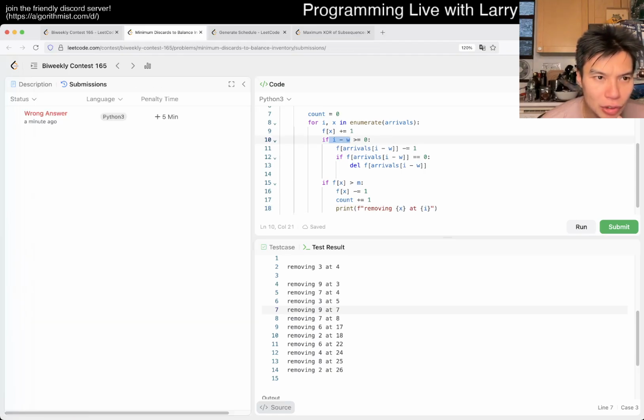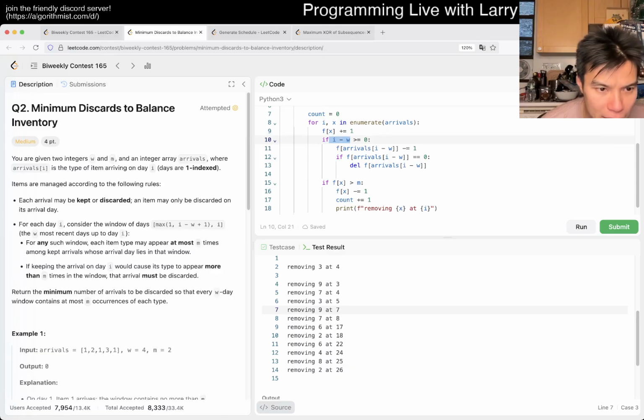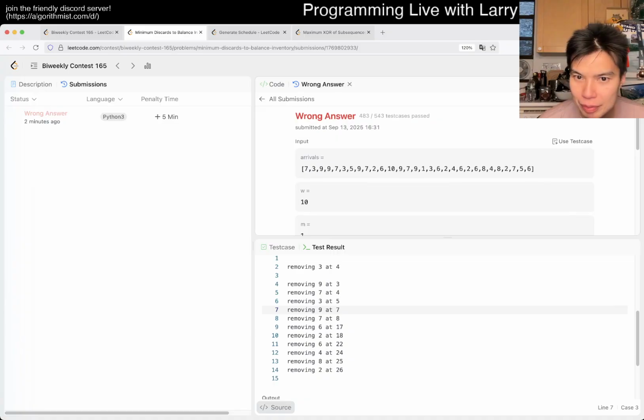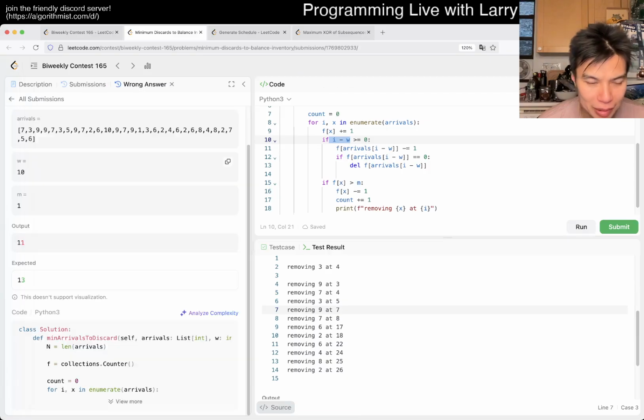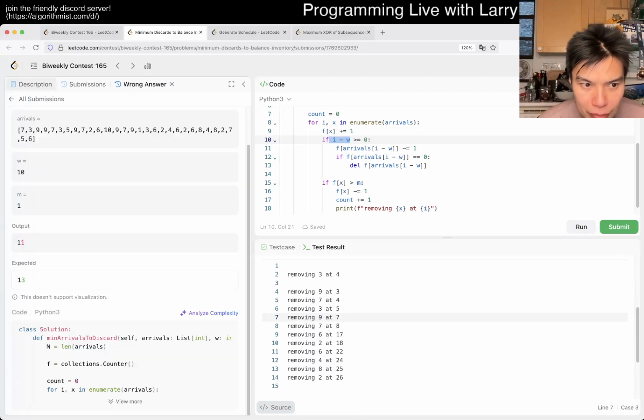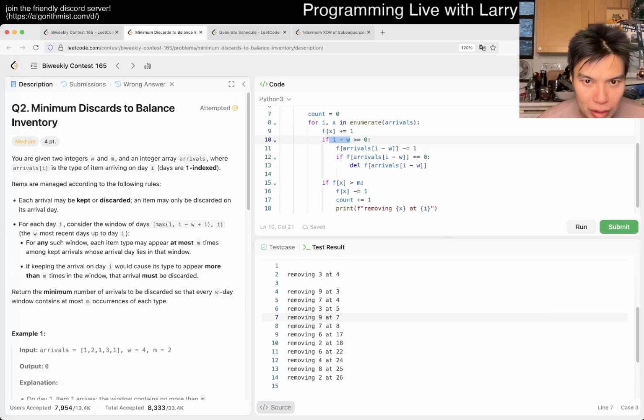Is it the last 13 objects or the 13 days? Maybe I misunderstood. No, it's day. So if they discard, then we do remove it. Then how can this be wrong? Am I misunderstanding the problem? Oh. Yeah. Why is it sometimes on this side, sometimes on that side? Okay. Expected 13.